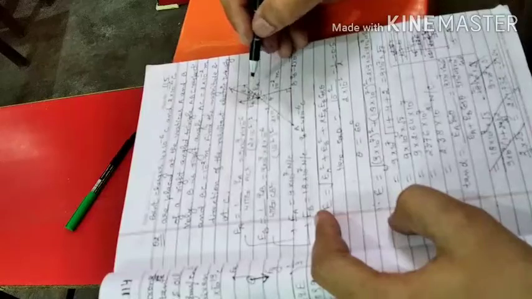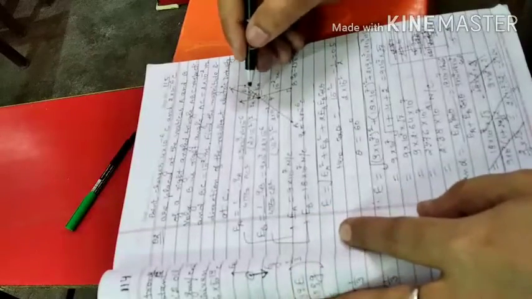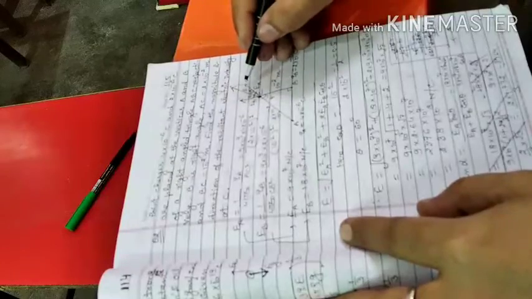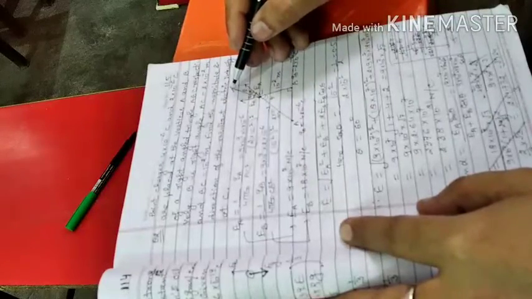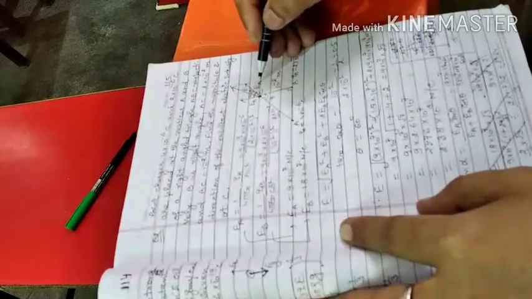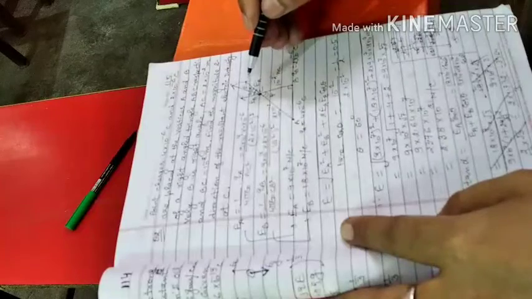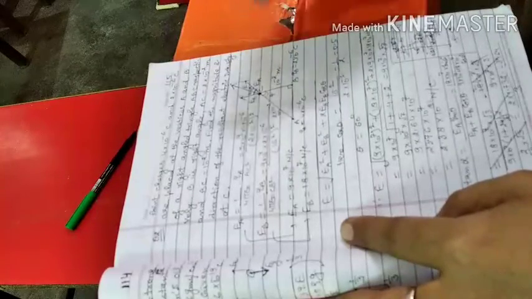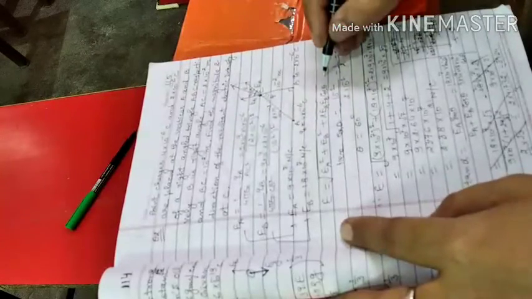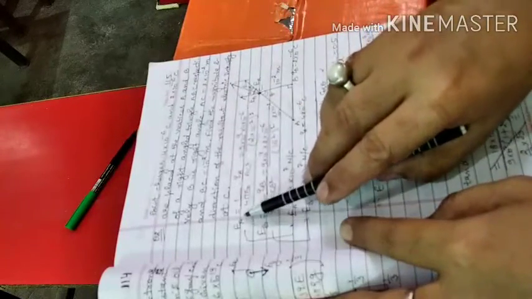If two vectors EA and EB are inclined at a certain angle, then from our previous knowledge, E is equal to under root EA square plus EB square plus 2 EA EB cos theta. So this is the formula which we have applied. Now proceed with the calculation one by one.